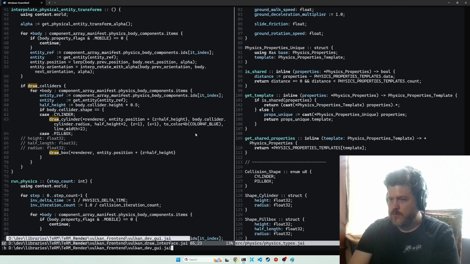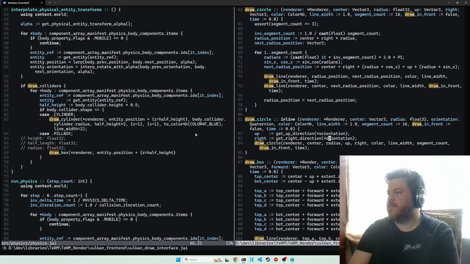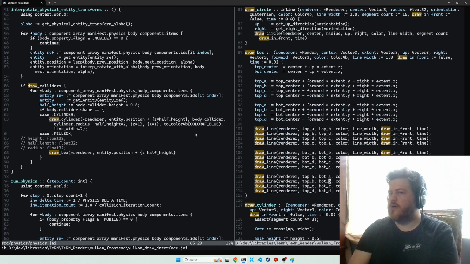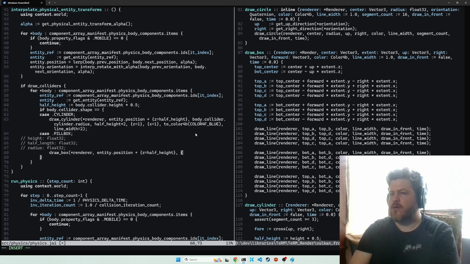Okay, GUI, draw interface. So we got draw box here. We're going to draw at the center with the extent being, so again, the width is the radius, half width is the radius rather. The half length. So this is collider. Let's see, we draw colliders.